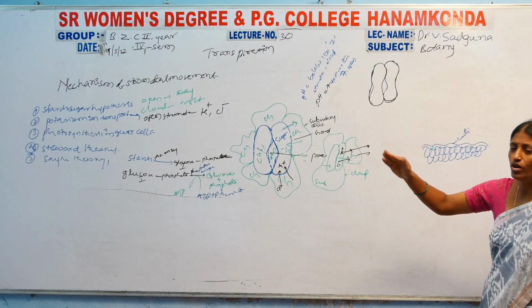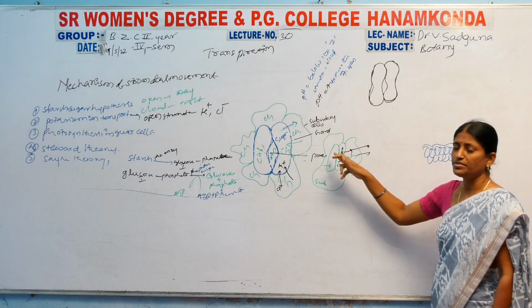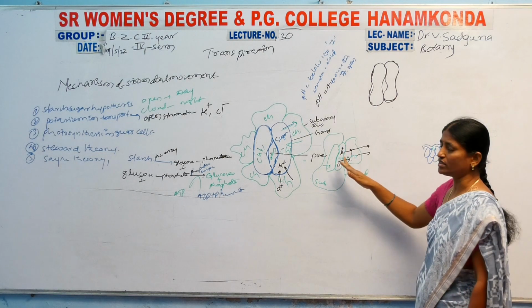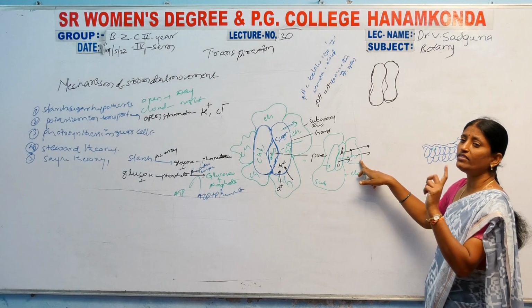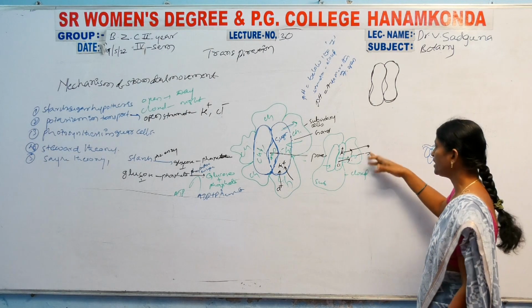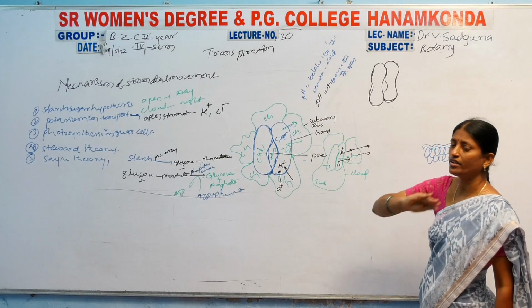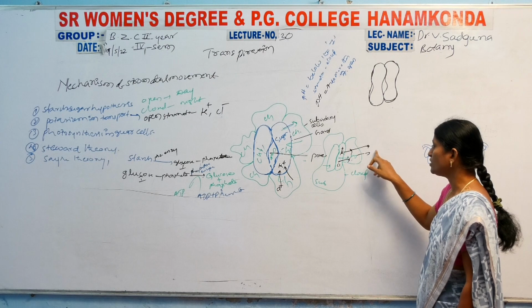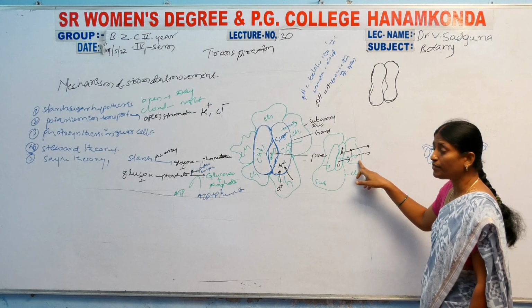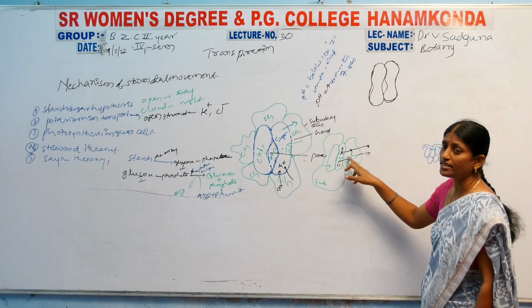movement or formation from the subsidiary cells to the guard cells. Again, whenever they close, it is a reversible reaction. It is used for movement from the subsidiary cells to the guard cells.